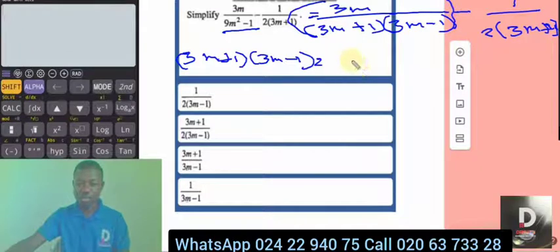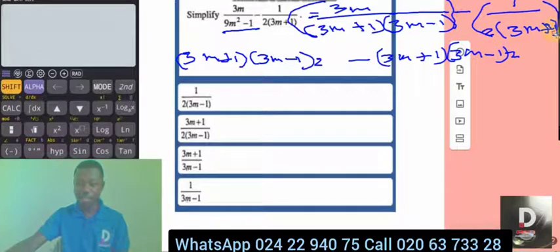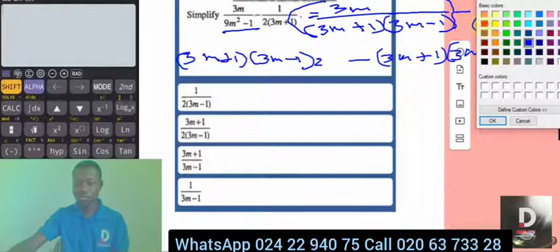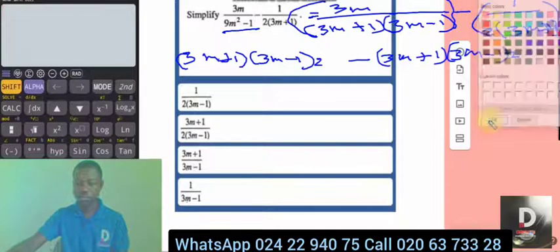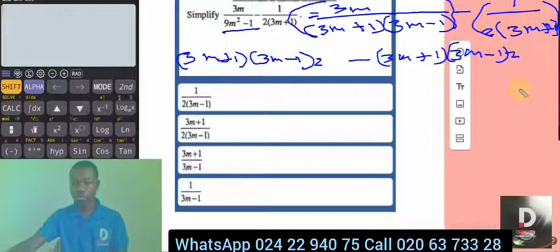So minus the same 3m plus 1, 3m minus 1, this one also multiply the second term. You understand it? Okay. So at this stage, what can we do? We do cancellation, then all over the LCM.